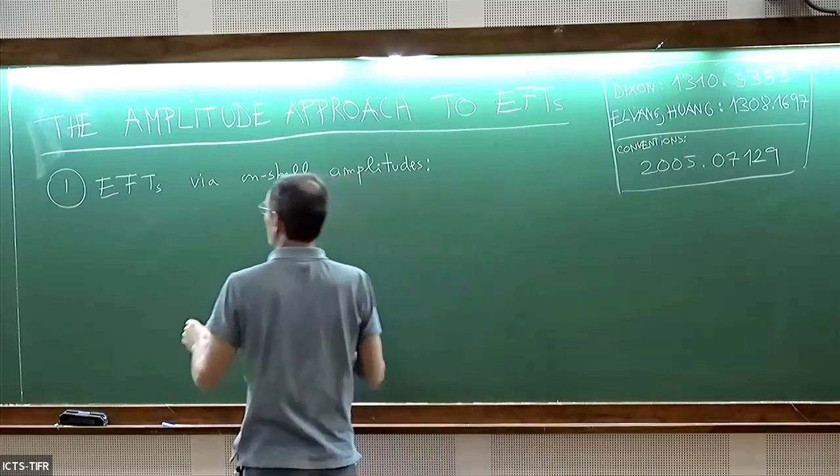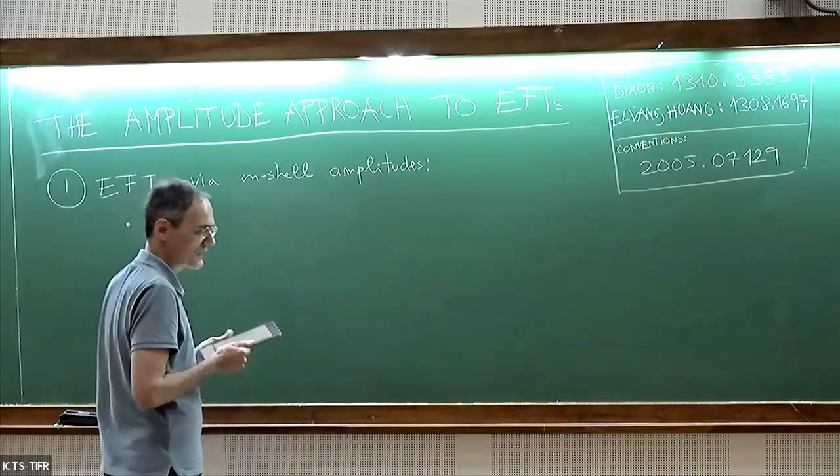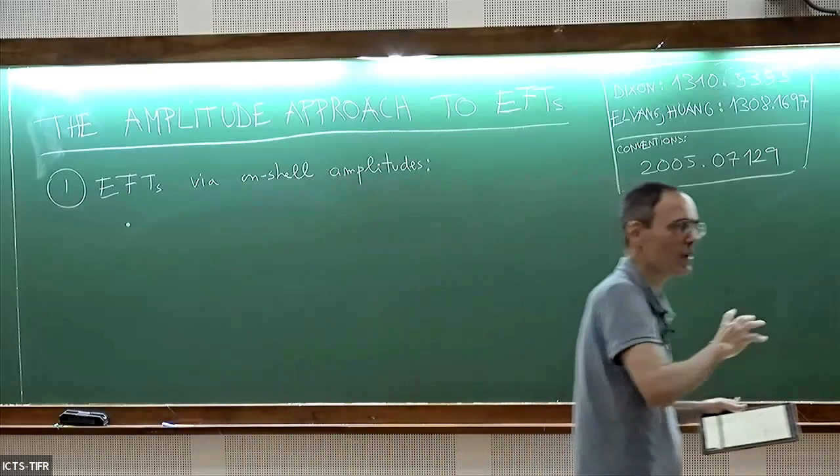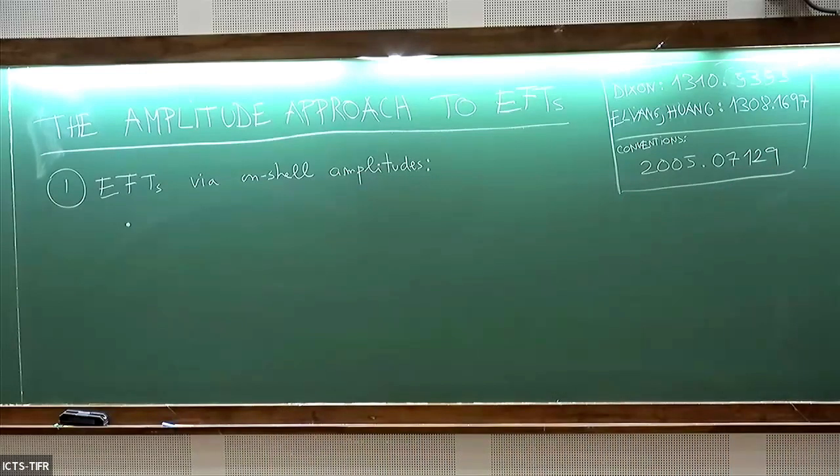And for that we will need a little bit, this is the first mountain, and this is why not many people get into this amplitude on-shell method, because there is a small mountain you have to cross.